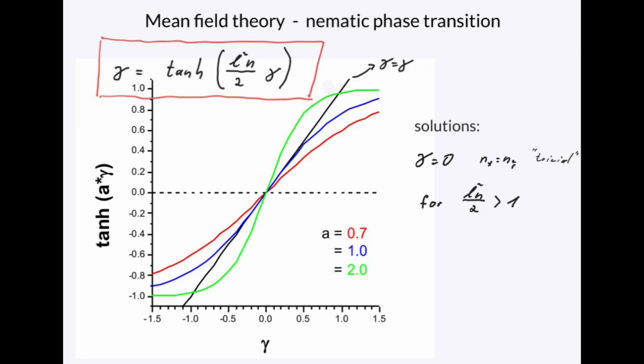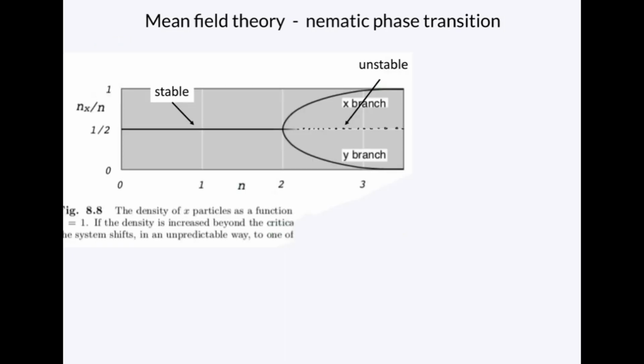Yet for L squared n over 2 larger than 1, we see that there are two additional solutions, meaning that the system will allow for asymmetry depending on the density of the particle. We can also plot the positions of the solutions to the consistency equation as a function of n, the density of particles.